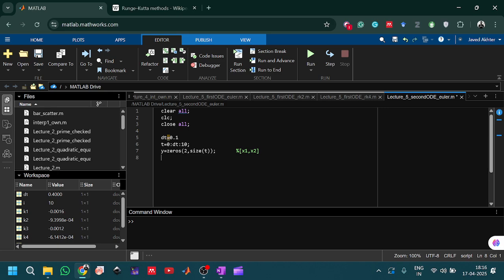So let me call it x, and what will be the initial condition? Let me run up to this so that you can understand.